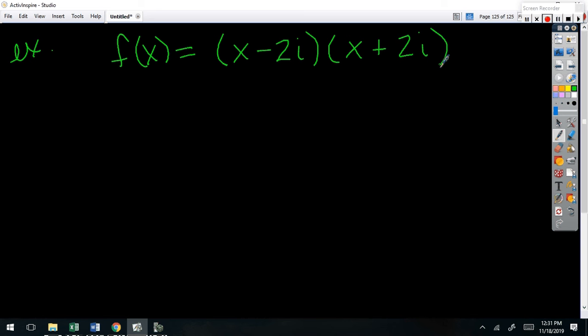What does that tell you? They're not going to touch the x-axis, right? Because these zeros are what? X equals 2i and negative 2i. Do we all agree with that? Can you put this function in standard form? How?